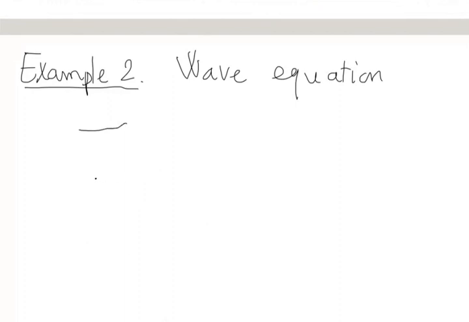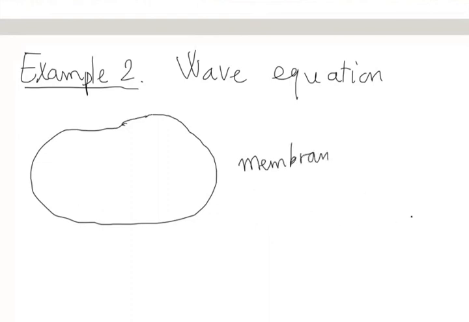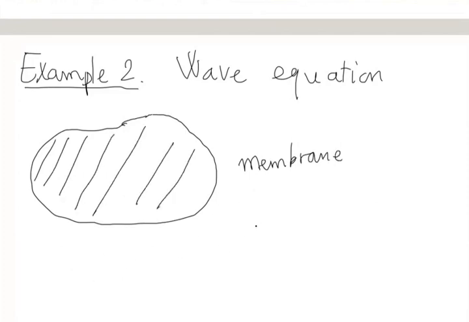So say we have a flat membrane like this, and you can imagine this is the base of a trampoline or something. And at the beginning, we give it a push somewhere inside the base of the trampoline. Then we see that the trampoline vibrates.